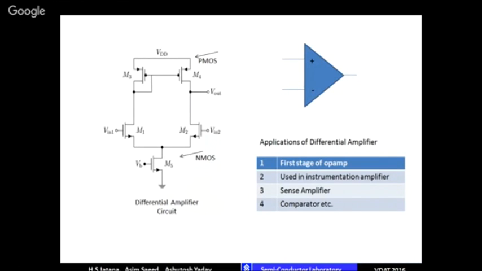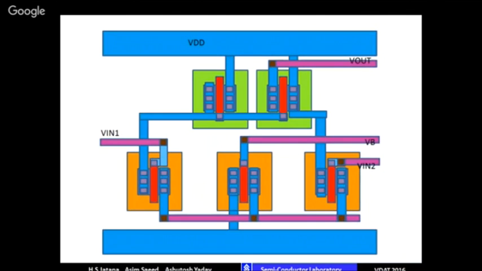So this was the circuit which we discussed earlier. This is an op-amp, the symbol is given, and this is how it looks if we do the physical implementation. Here this is VDD at the top, and this is VSS. This is VN, one transistor, and this is another transistor, and these two form a differential pair.